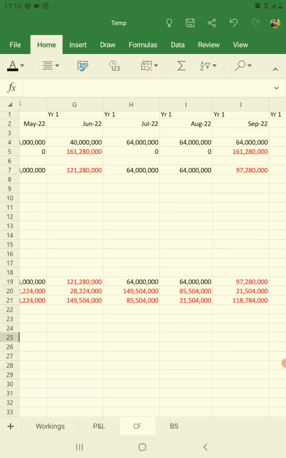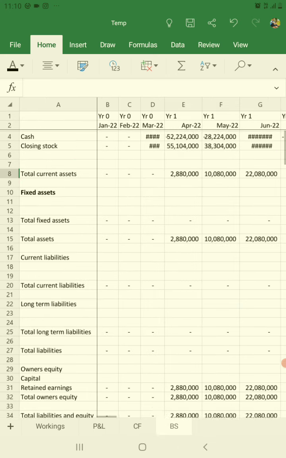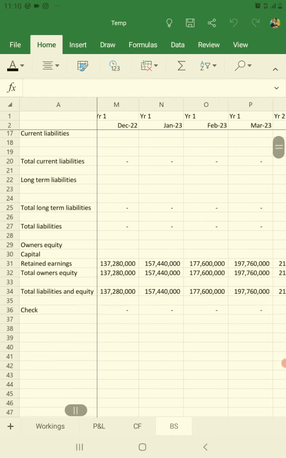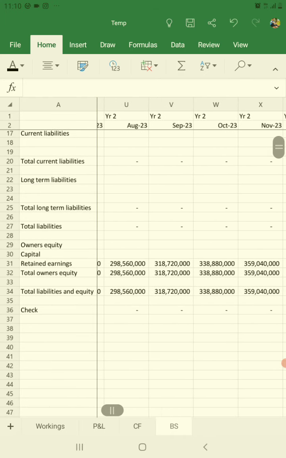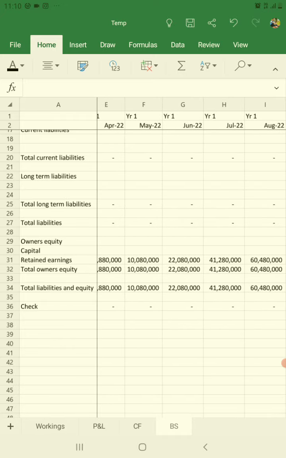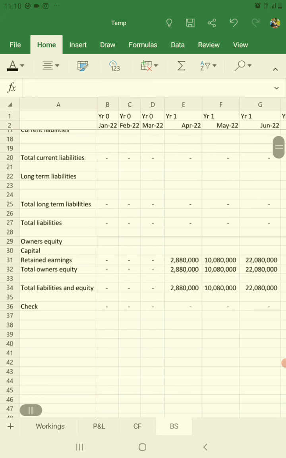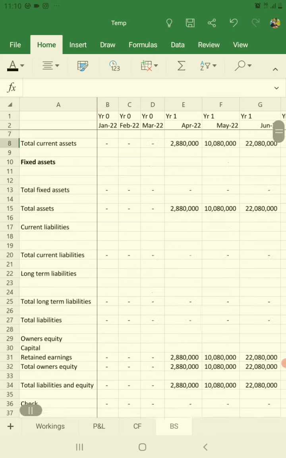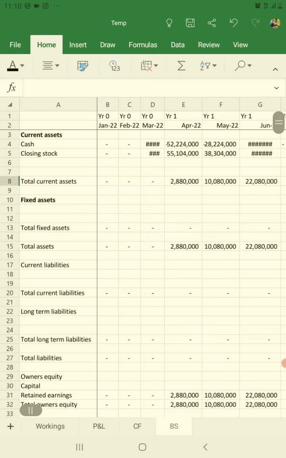And if we go to our balance sheet, you see the balance sheet still balances because the changes we have done have been properly reflected in all the transactions about purchases, cash, and stock. All of them have been incorporated. You can see the figure for closing stock here increases.